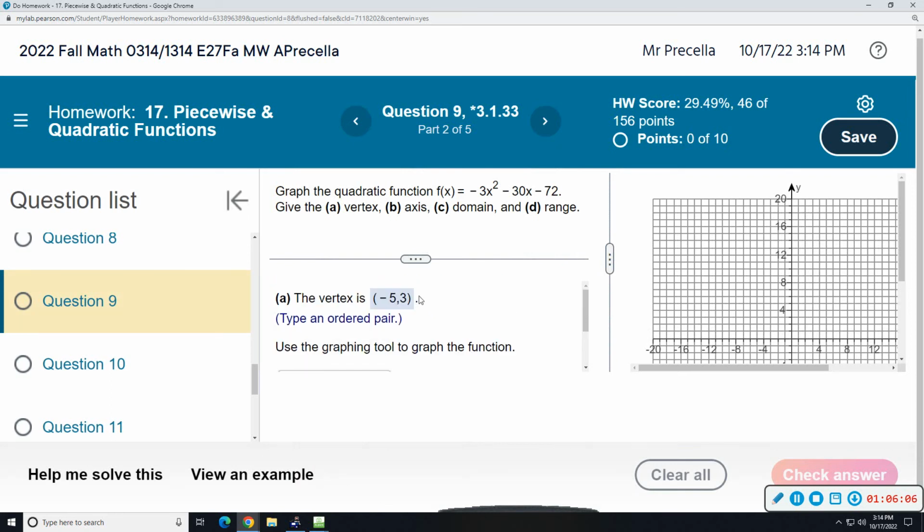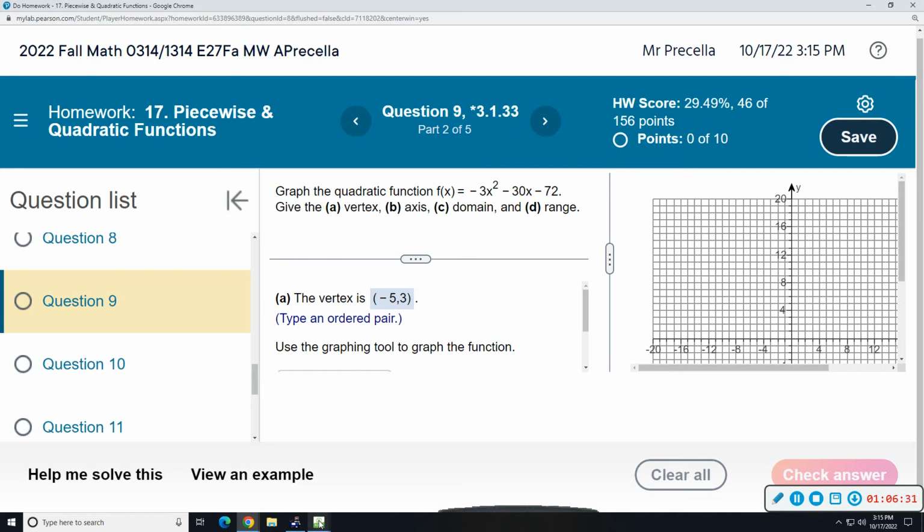The vertex is negative 5, negative 3. You can plug in negative 6, negative 7. Or you can plug in negative 4, negative 3. But you got to choose an x value that's within 2 units of that x value of the vertex. Otherwise, your point may go off the grid. So choose an x value that's close to negative 5 as the secondary.